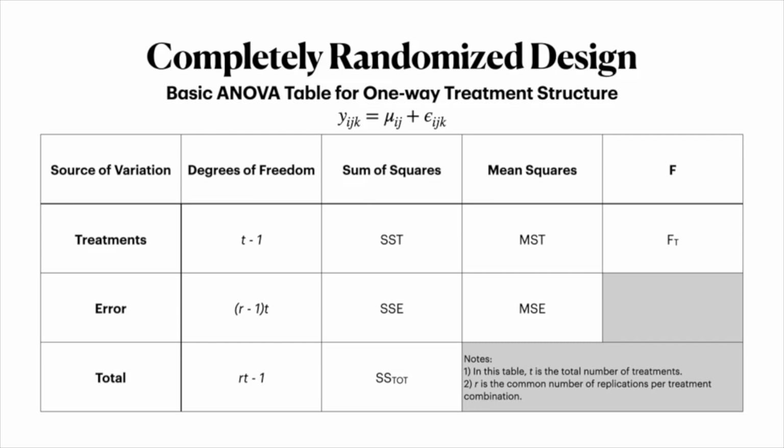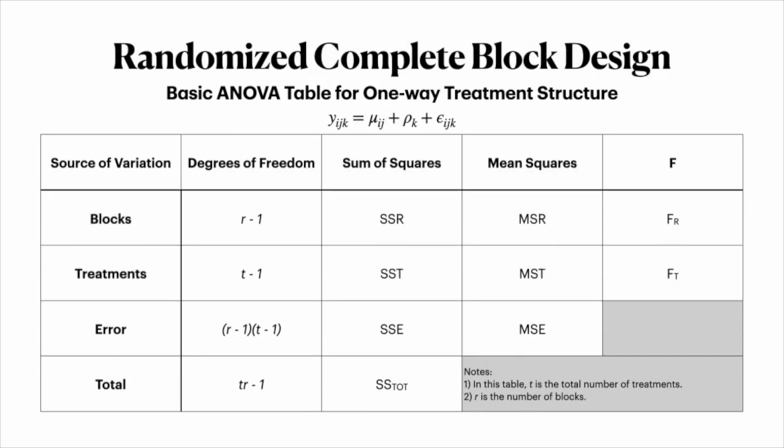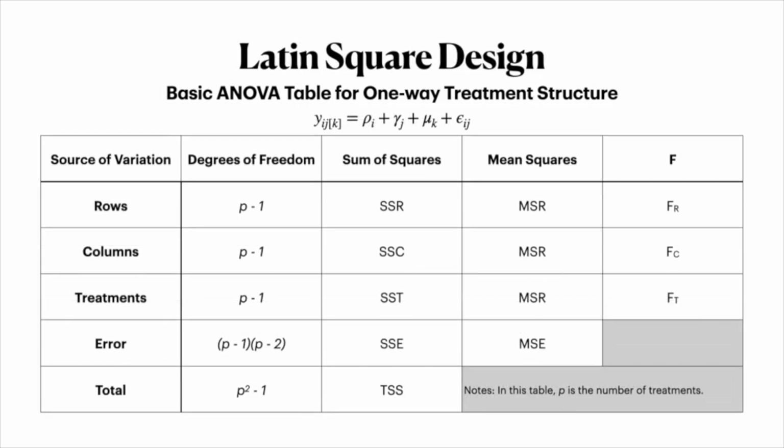But in particular, we're going to have the value of SST, the treatment sum of squares. And that is going to be the case regardless of whether we're talking about a completely randomized design, a randomized complete block design, or a Latin square design, or maybe some other design that we haven't talked about yet.